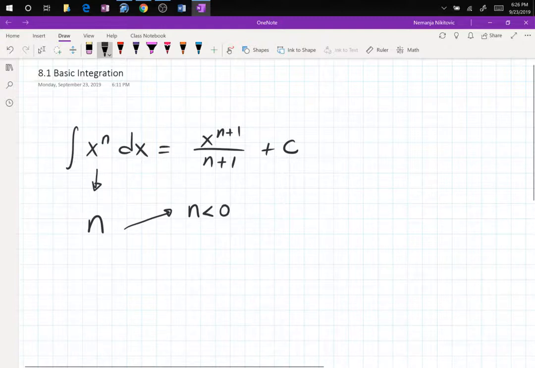less than 0. So if n is, now let's start with larger than 0. So n larger than 0 and a whole number. So if n is larger than 0 and a whole number, we have polynomials.